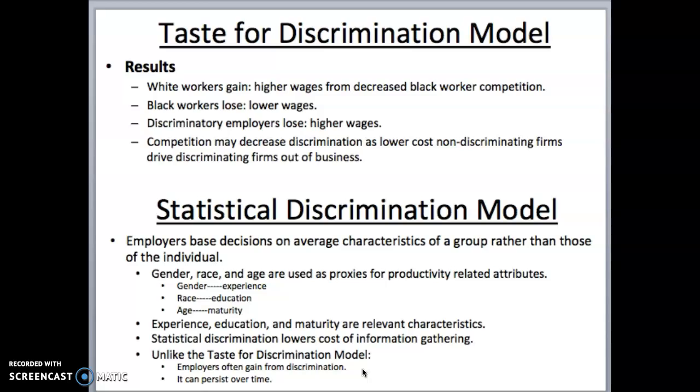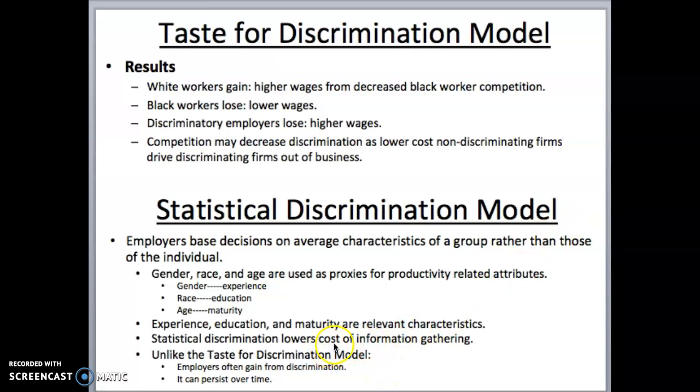If you recall, in the taste for discrimination model, the employer suffered output or profit losses because they had a preference for discrimination. And there was that cost which over time could reduce or mitigate the amount of discrimination that occurs. But with the statistical discrimination model, they're actually benefiting.